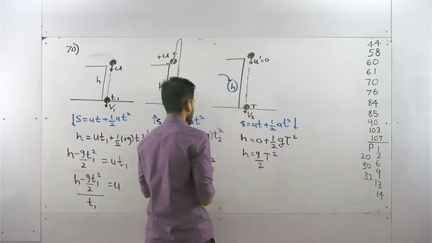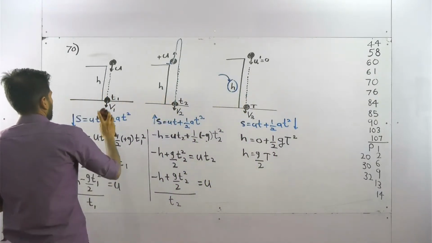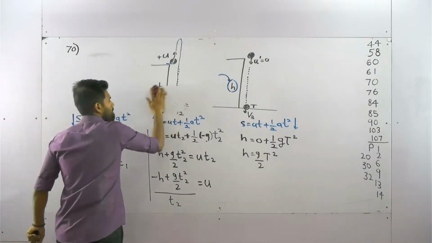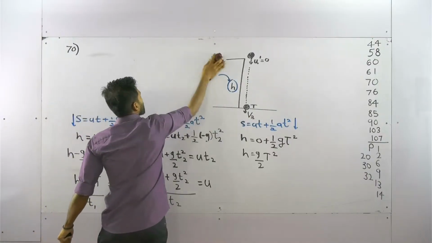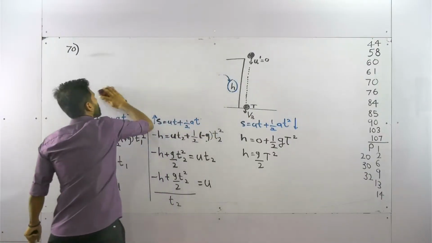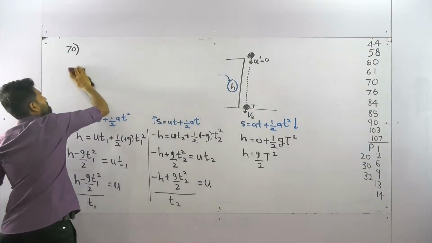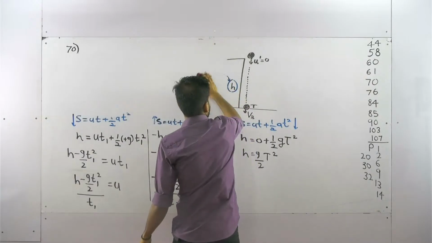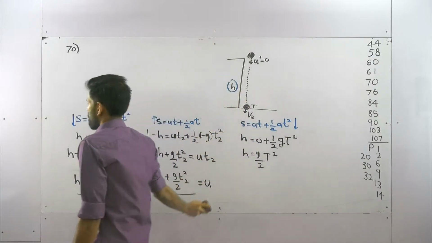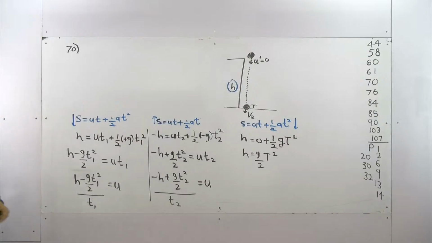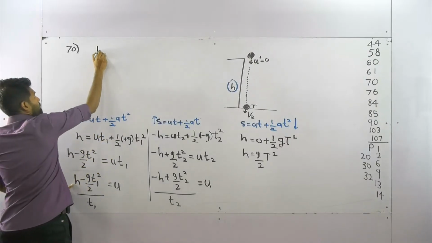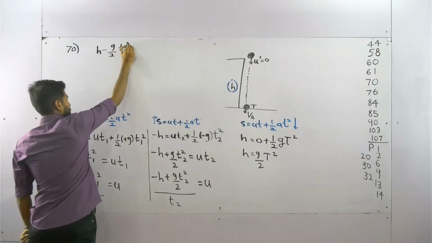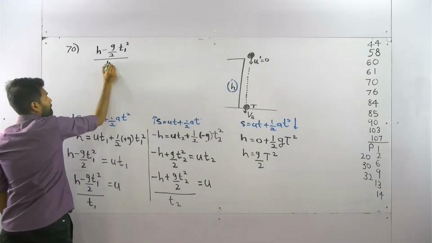Now I'm going to erase this part. Here u is equal to h minus g over 2 t1 square over t1.